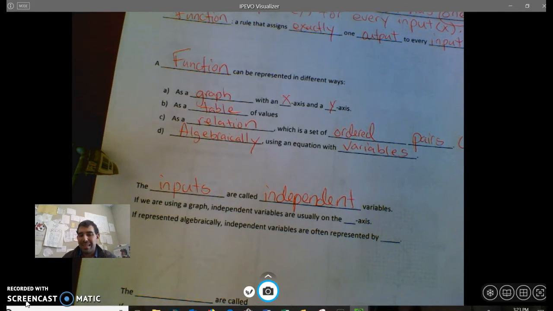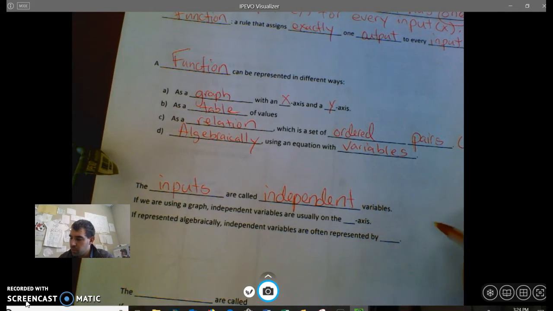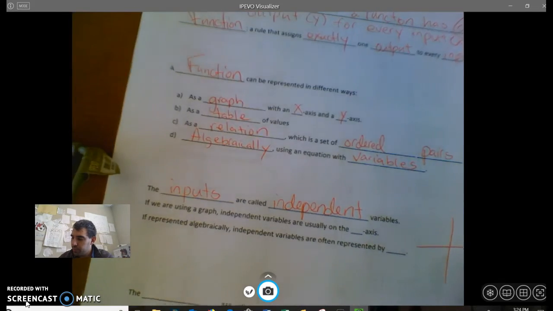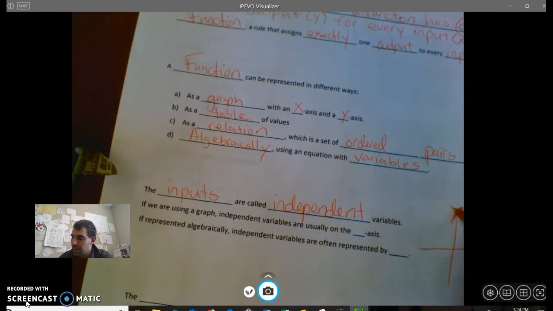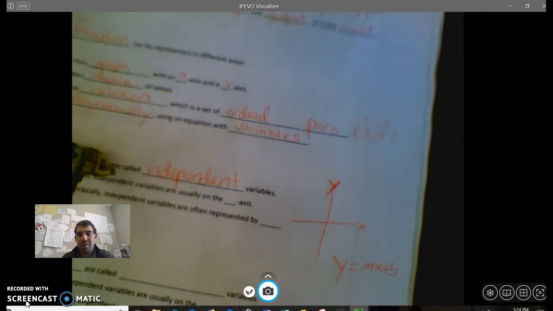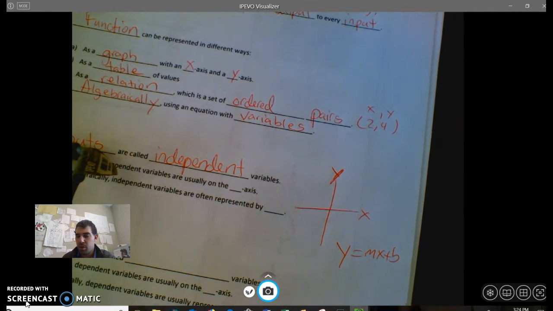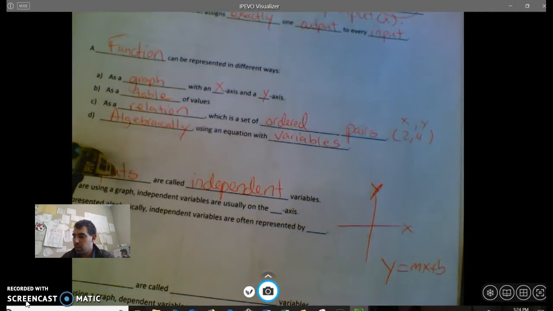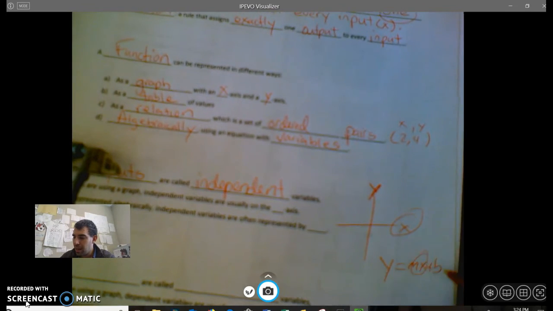When we look at a graph, where does the independent variable go? Or when we look at an equation, where does the independent variable go? The inputs go on the x-axis.